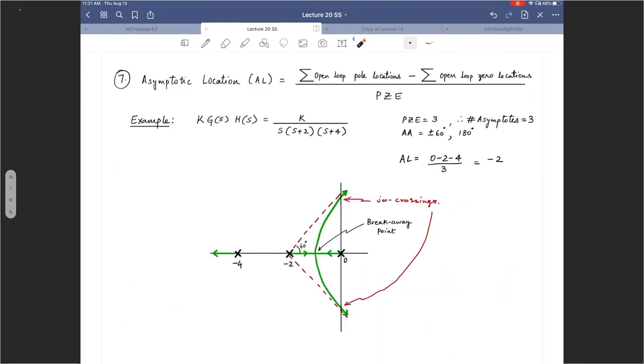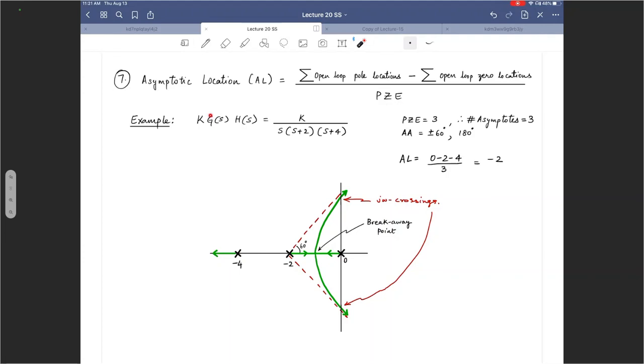Next, where are the asymptotes located? Asymptote location can be obtained by using this: the summation of open loop pole locations minus the summation of open loop zero locations divided by PZE.